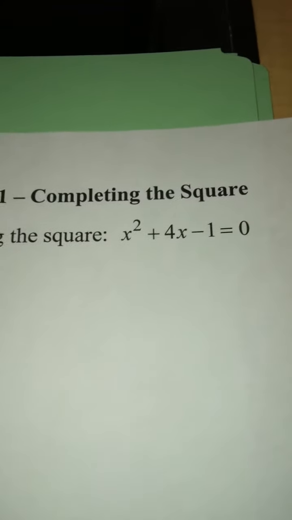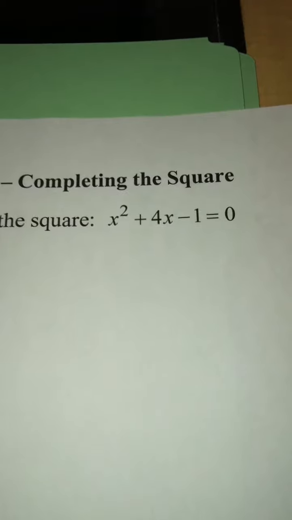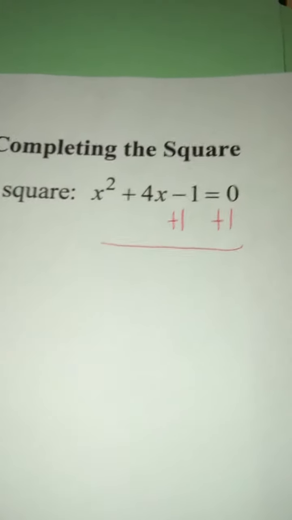Let's go over the steps on how to complete the square. The first step, make sure that any number is on the right hand side. So for this example, we need to add 1 to both sides. So we have x squared plus 4x equal to 1.